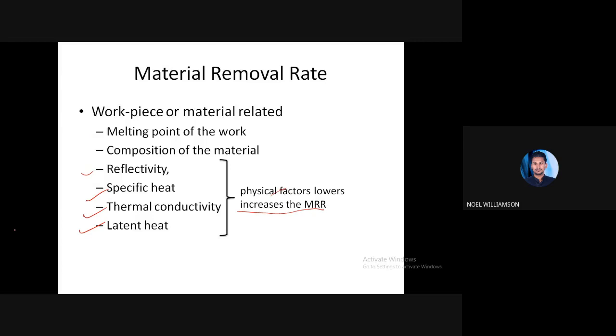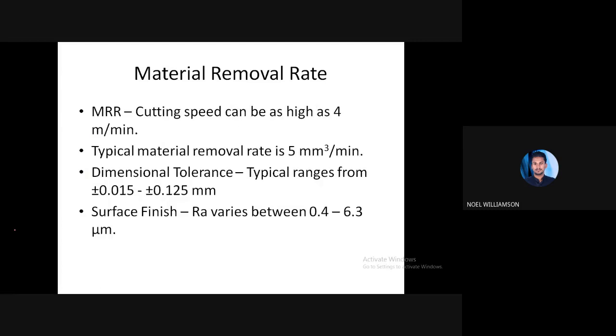Now, before the effect of the heat affected zone, you will see the material removal rate values for LBM, the laser beam machining. The cutting speed can be as high as 4 meter per minute. This can be achieved through the LBM process.